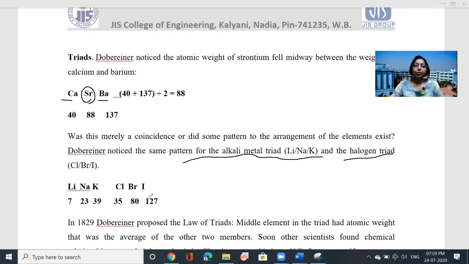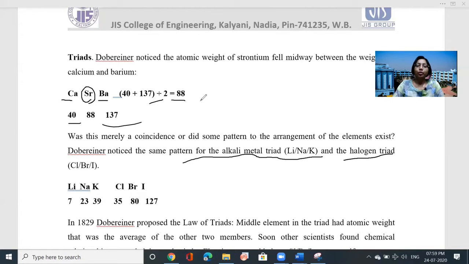So is it just coincidence or is it correct? For calcium, the weight is 40 and for barium it is 137. If you add these and take the average by 2, we get 88. So it is the weight of strontium. So he wondered whether it was just a coincidence or correct.